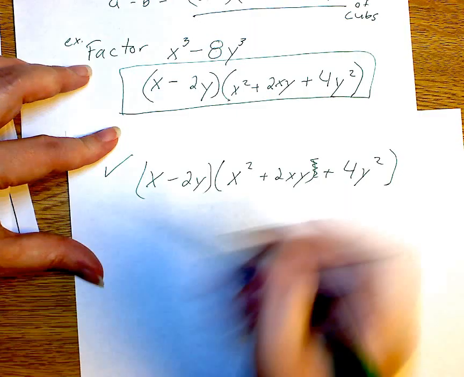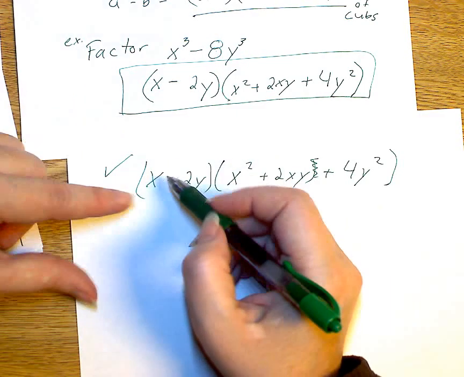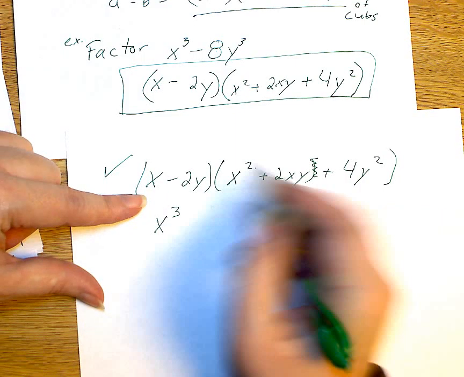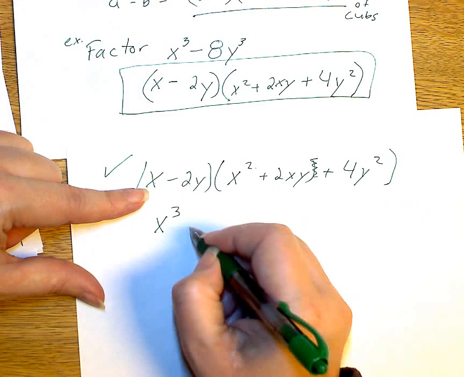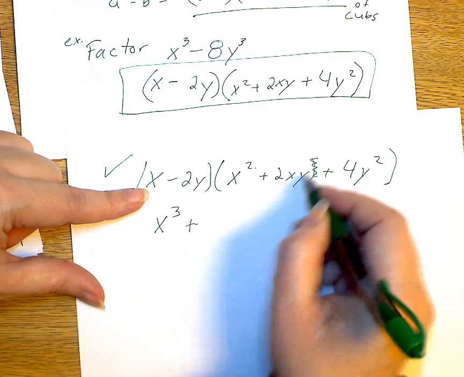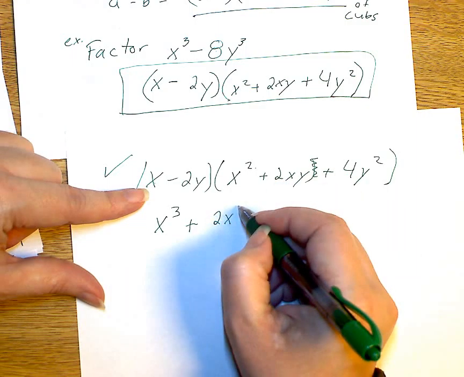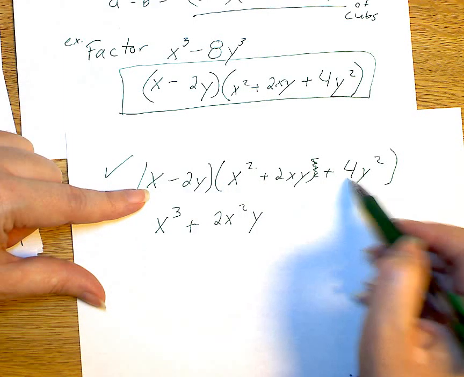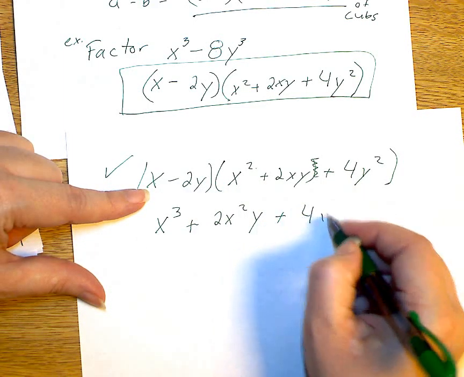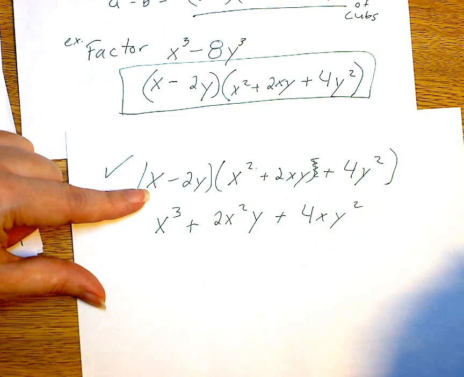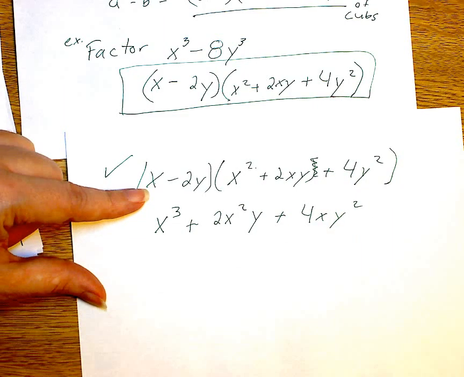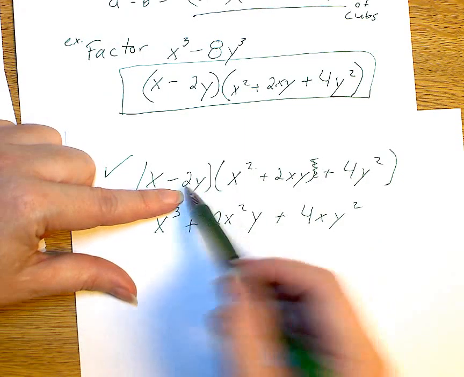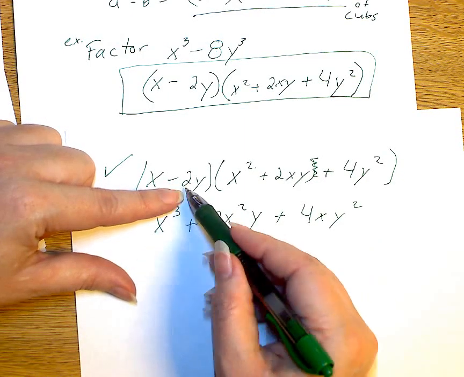To multiply it through, I have x times x squared gives me x cubed. X times 2xy gives me 2x squared y. X times 4y squared, I have 4xy squared. Then I take this negative 2y and multiply it to all of them. So I have negative 2yx squared.